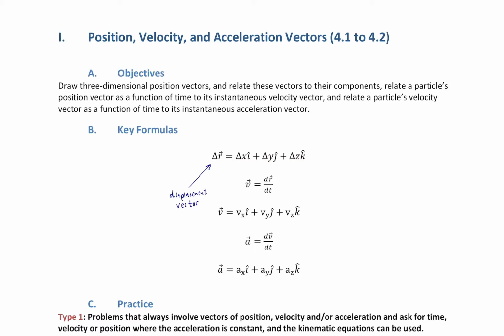Okay, so now we're going to take r, at least the instantaneous value of r, and take its derivative with respect to time to get velocity. What that would look like would be dx over dt times i hat, dy over dt times j hat, and dz over dt times k hat, or in the k hat direction. And this is the velocity vector.